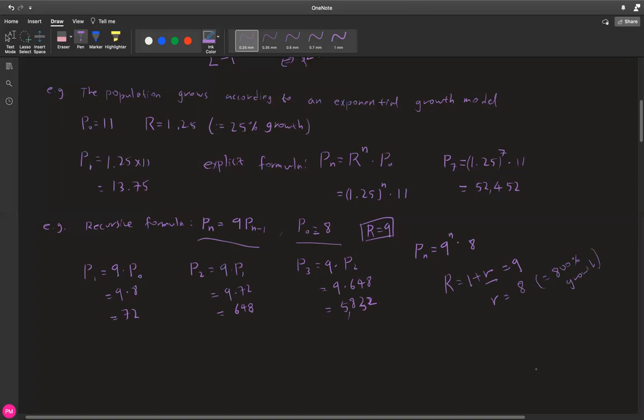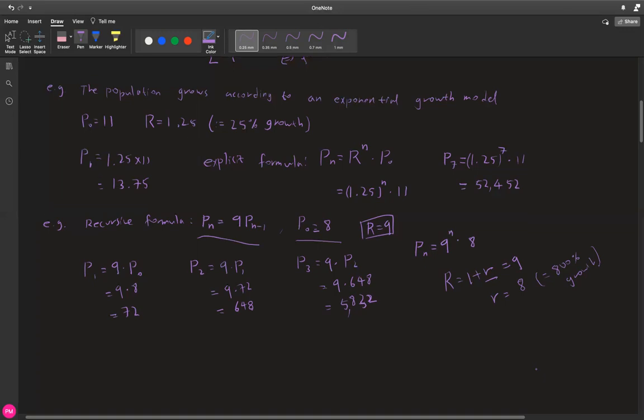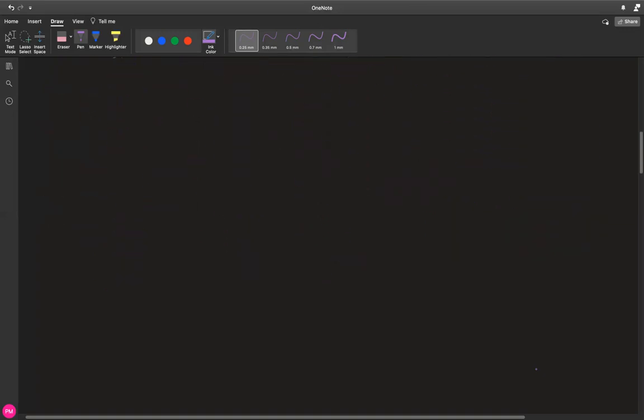So let's look at an example where it's not actually growing, it's decreasing. So example.